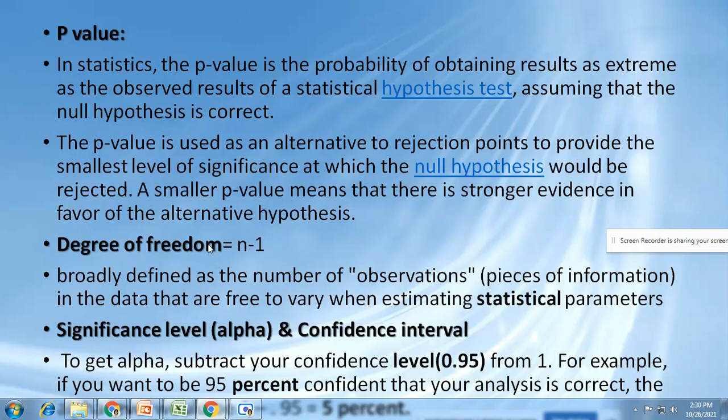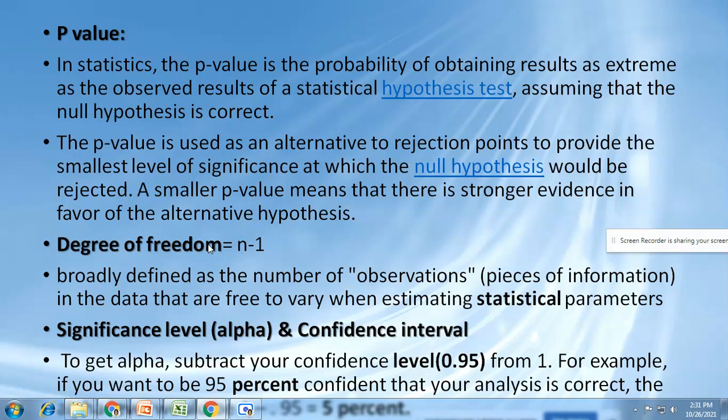That means, see, 1 is divided into two parts, that is 0.95 and 0.05. So 0.95 is nothing but the confidence region, and 0.05 is our rejection region.